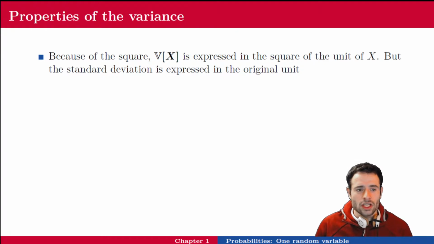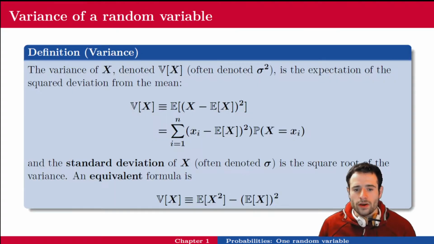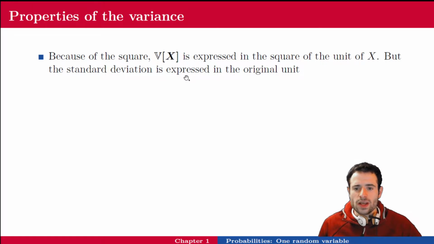So, I'll finish with the properties of the variance. Because of the square here, the unit of the variance is expressed in the square of the unit of x. So if x is the weight, and I want to look at the average weight, well, I can say the average weight is 140 pounds.